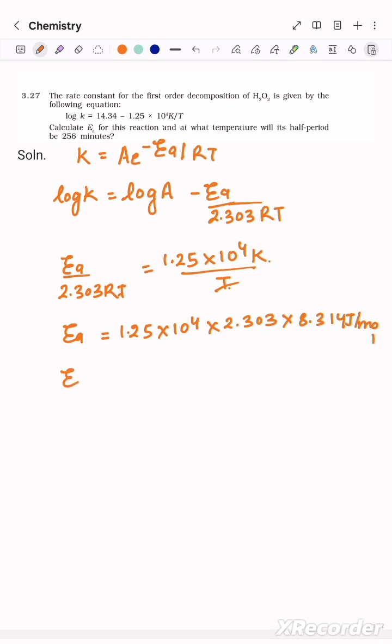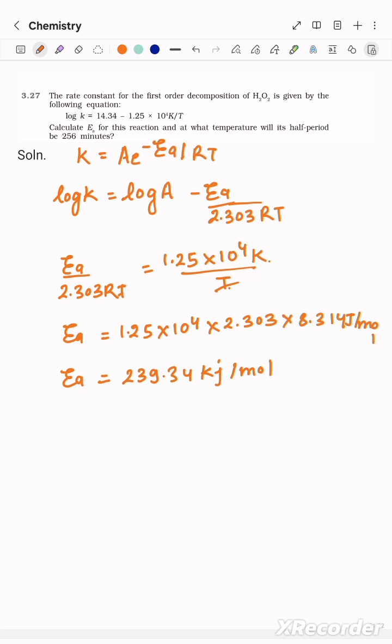Now after solving, Ea is equal to 239.34 kilojoule per mole. So this is the energy of activation.